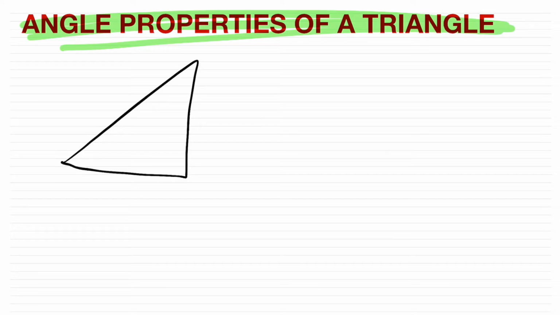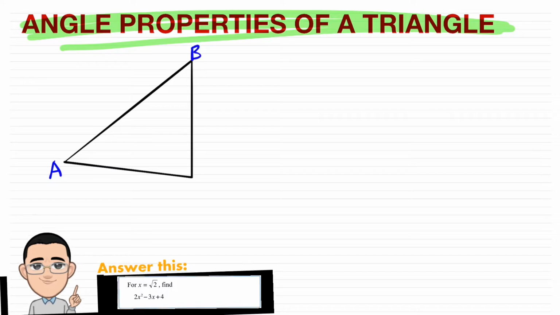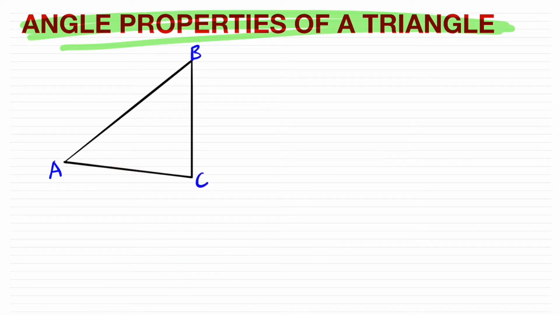Now if I have a triangle here, I'm going to name this one as A, B, and C. A triangle uses this symbol, and this symbol means a triangle.